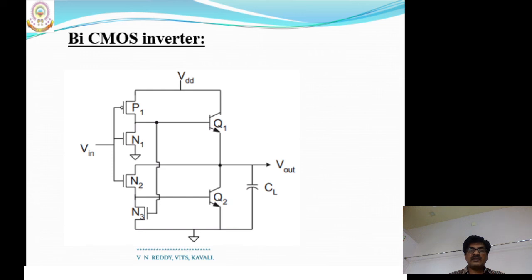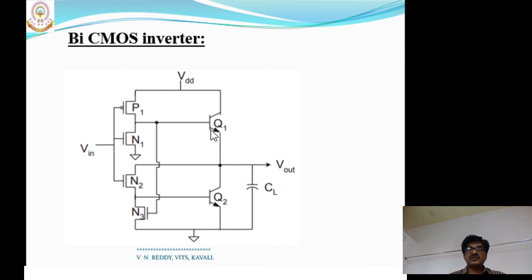Let us see the other case. Now the input is logic 0. With 0 input, what happens? The transistor N1 goes to off state, and transistor N2 is also in off state. Since N2 is off, there is no base current for the transistor Q2, so it also goes to off state.